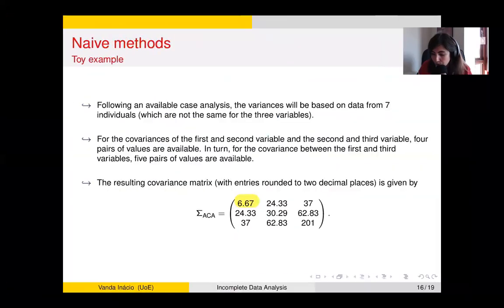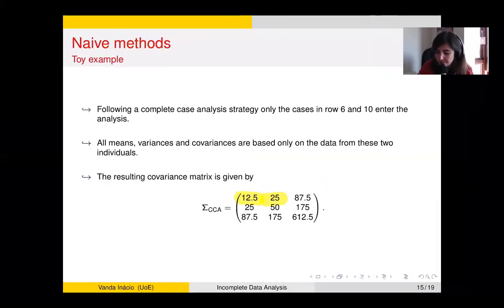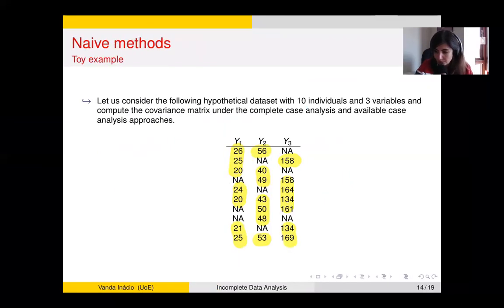Now I want to reproduce this second entry. It's the sample covariance between y1 and y2. Sorry, I'm just going back and forth on the slides. Now for computing the covariance between y1 and y2, I will look for all individuals that have complete information on both variables.